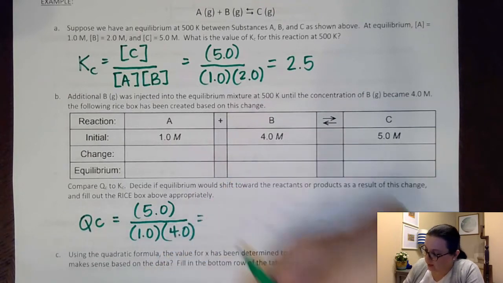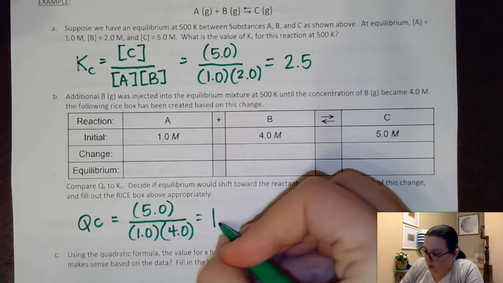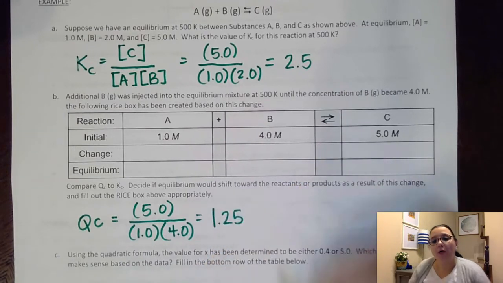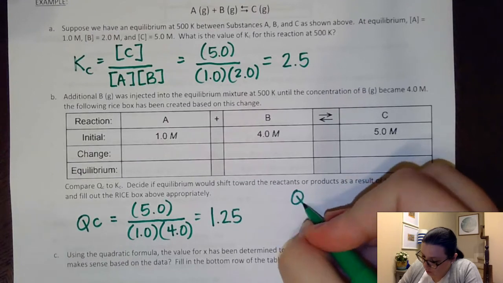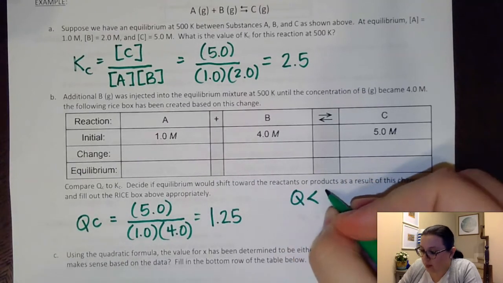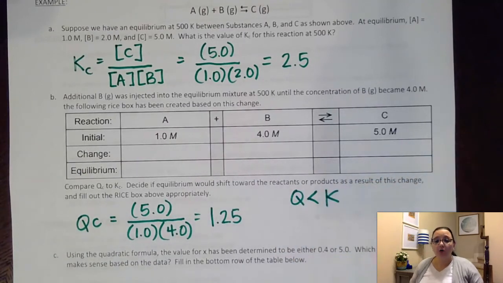And when I plug in those numbers, that gets us a value of 1.25. So as of right now, my Q has become smaller than my K. My Q, the ratio that I'm at, is smaller than the ratio that I want of 2.5.